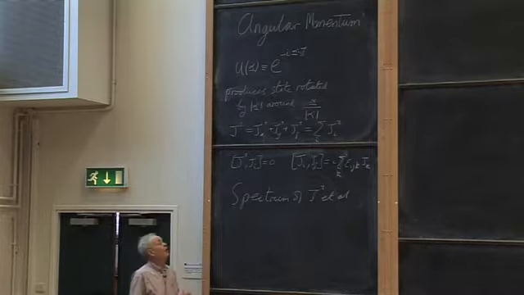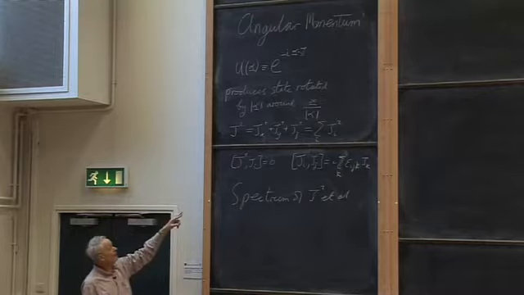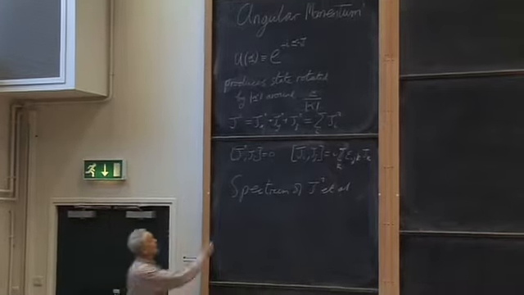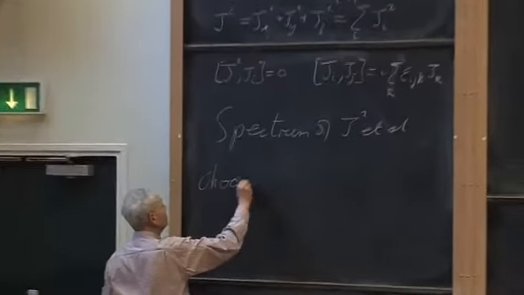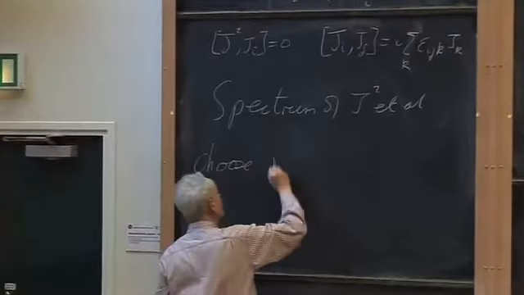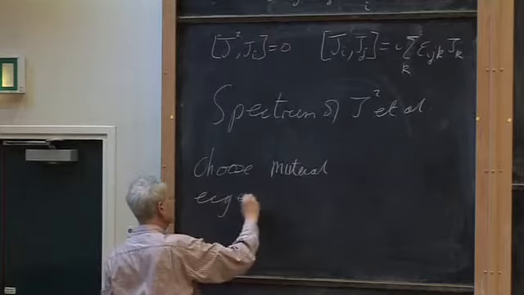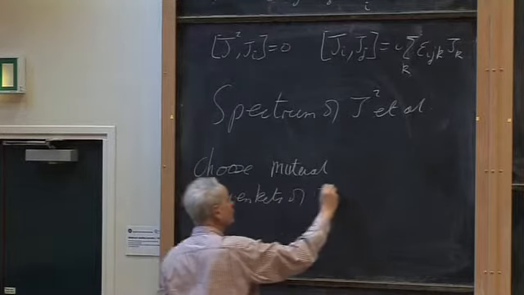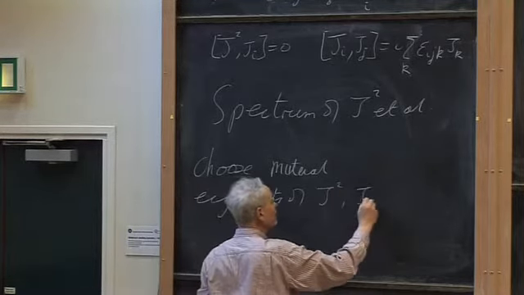It's conventional to pick, just at random, that we choose to have mutual eigenkets of J squared and Jz. So it's just a convention that we choose Jz out of the three things, connected to the fact that z is the singular axis, the special axis in systems of spherical polar coordinates. All right.